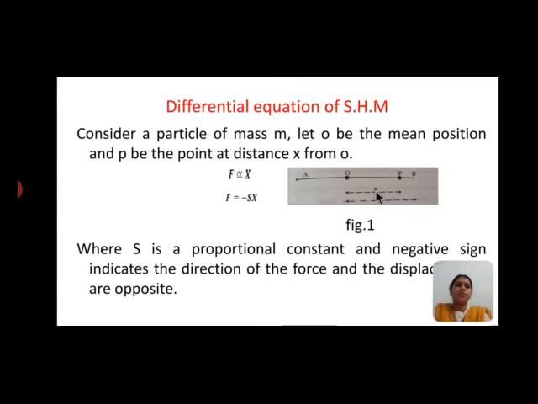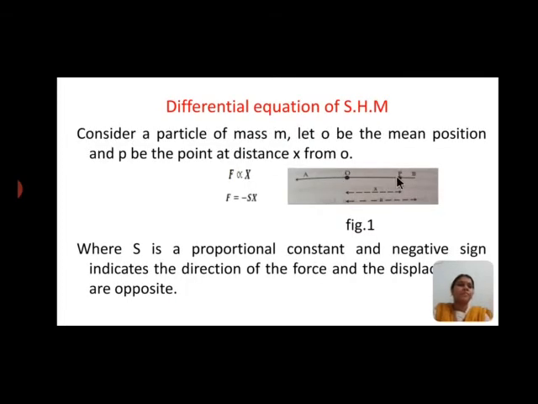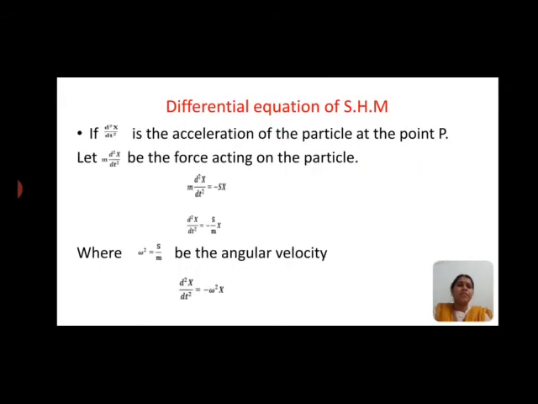This gives the acceleration of the particle at point P. In the same way, force is mass into acceleration. When you combine the mass with the acceleration, you get the force. Therefore the force acting on the particle is m d square x by dt square.